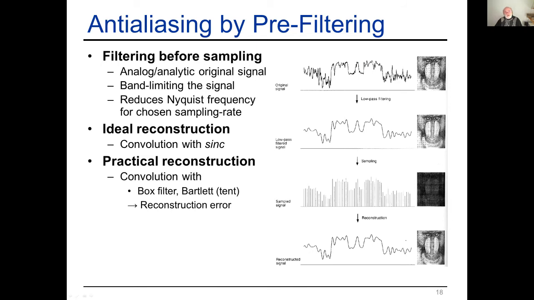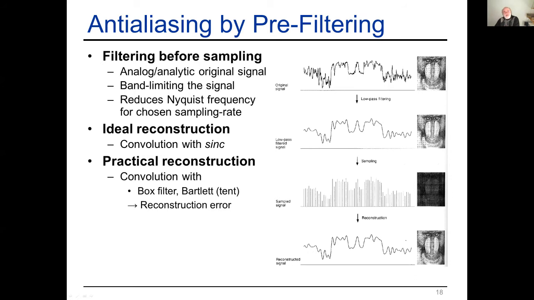So pre-filtering, if we would want to do that, we would have the original signal here. We could do a low-pass filter in the analog domain, because as soon as we go into the digital domain, we're creating the error, just want to say this once more. So we have to do the low-pass filtering in the analog domain.